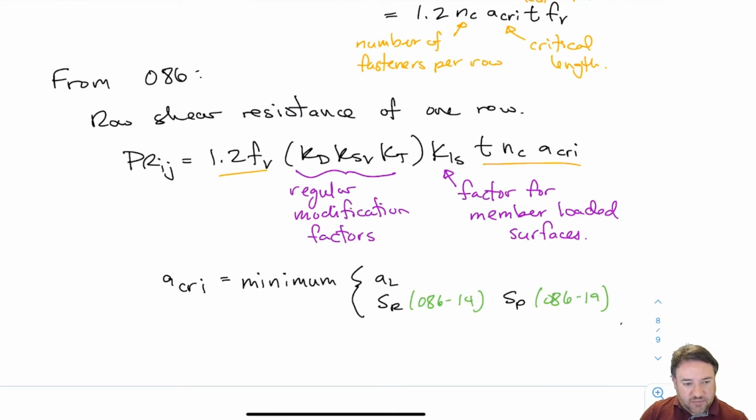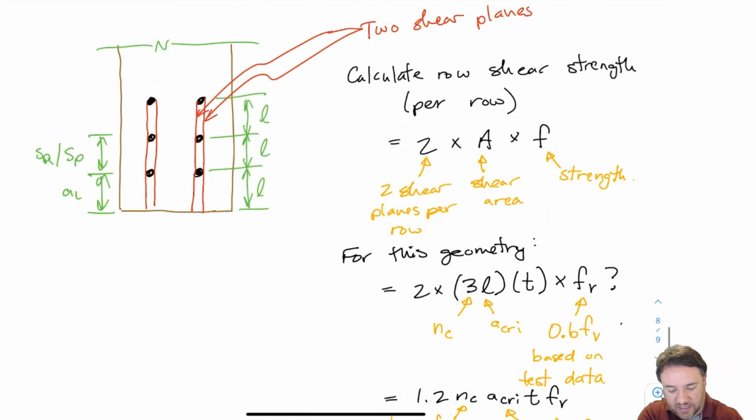So it's basically the minimum of all of the spacings. That is a conservative approach, because it then multiplies that by all the others. So you have basically no incentive to make AL any greater than SP, because if AL is greater than SP, then that extra length is not going to come into play at all in the row shear strength. So it's better to make them all basically the same. Or, you might have a geometric requirement for why you might make AL bigger, but it won't affect your strength if you do.